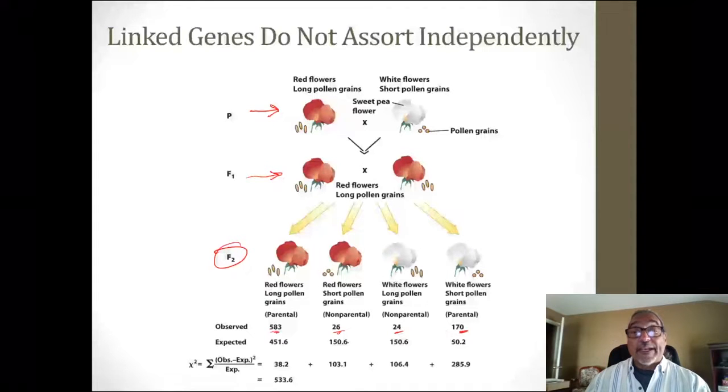If we were to expect the traditional 9 to 3 to 3 to 1, remember, F2 dihybrid cross, we would have expected 451, 151, 151, to 50. As you might imagine, if you had done your observed ratios, you can see that they are really off the charts, something along the lines of 20 to 1 to 1 to perhaps 40.